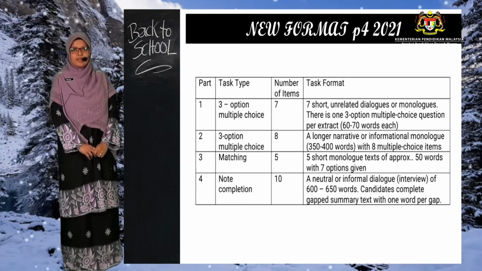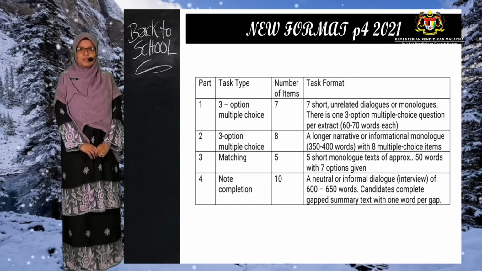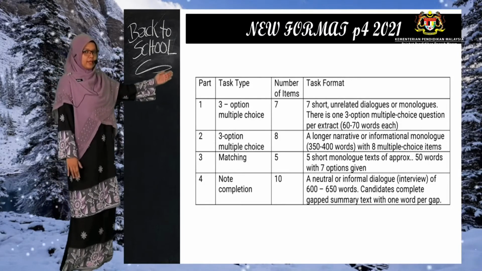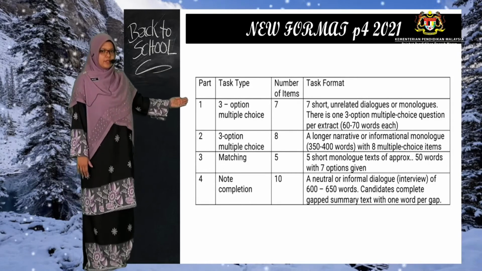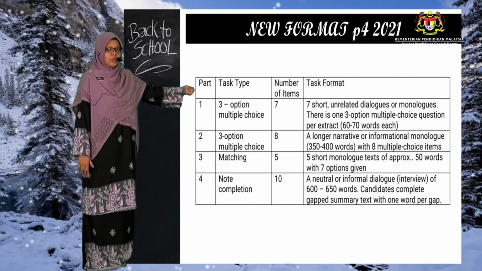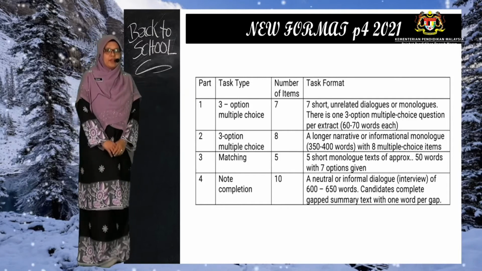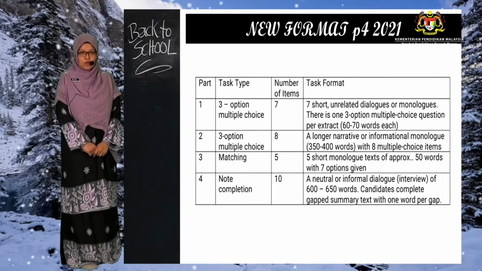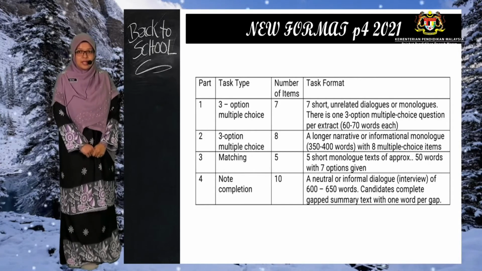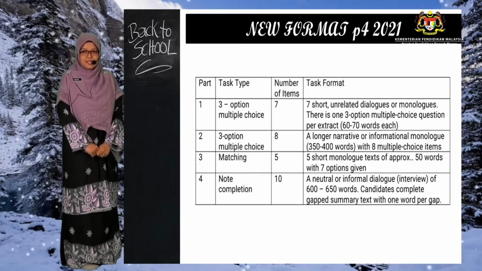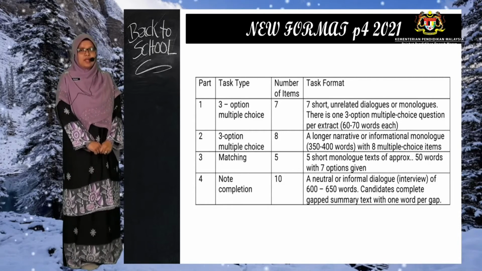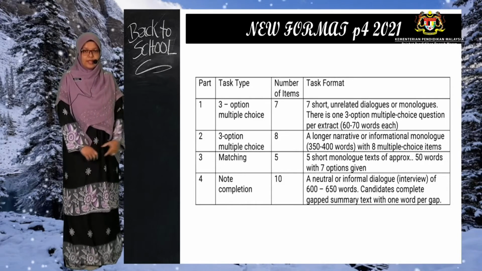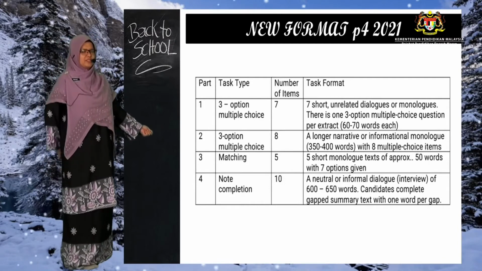Now let's look at the new format in detail in terms of the task. Let's look at each part. I want to stress on the task format. For part 1, there are 7 short, unrelated dialogues or monologues, with 3 multiple choice answers, A, B, C. For part 2, 8 questions, it is a longer narrative and informational monologue.